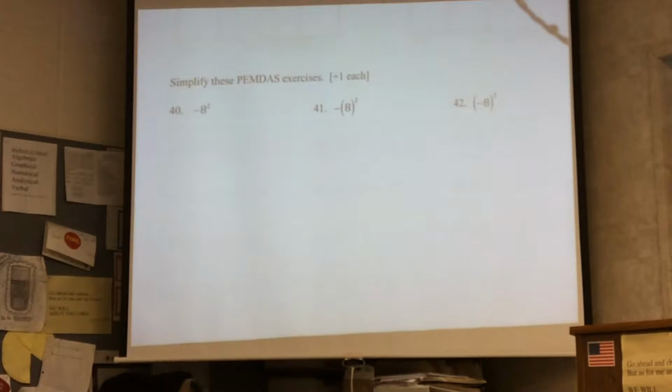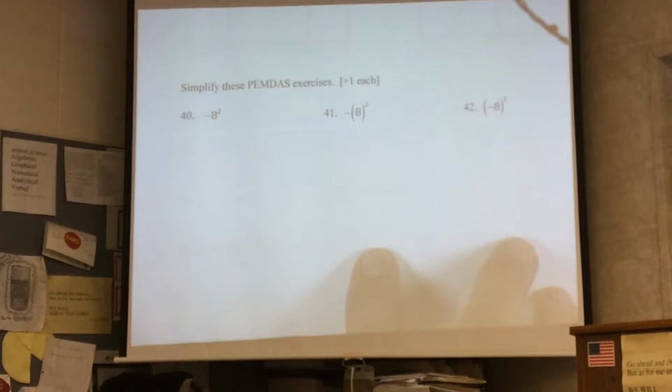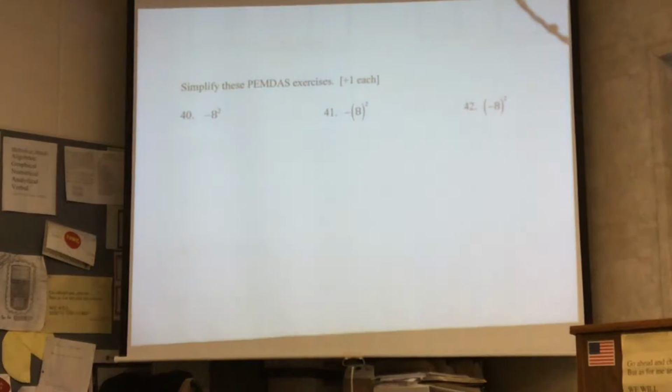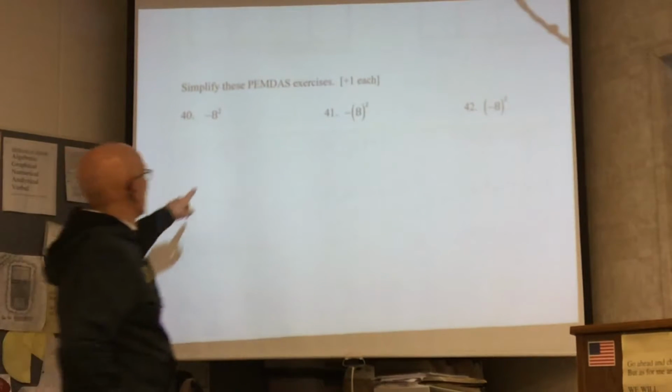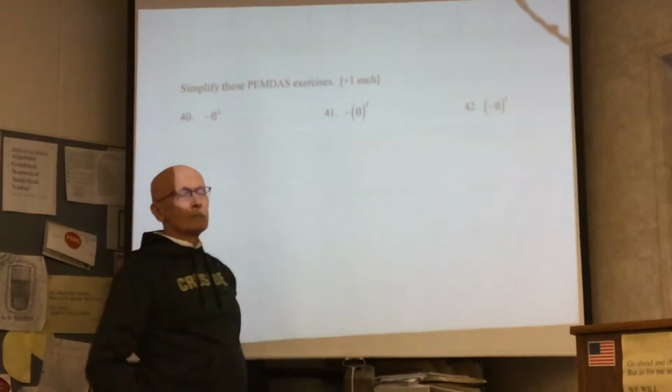David: A negative times a negative is a positive. Which problem are you looking at? Number 40, which said negative 64. Here's my opinion. Go ahead. But when you type it in a calculator like that, it comes out as negative 64. Ooh, well played. Go ahead, calculator people. Type that in.